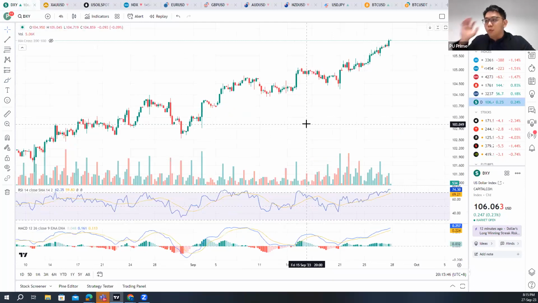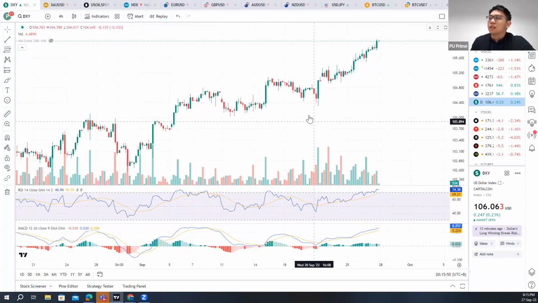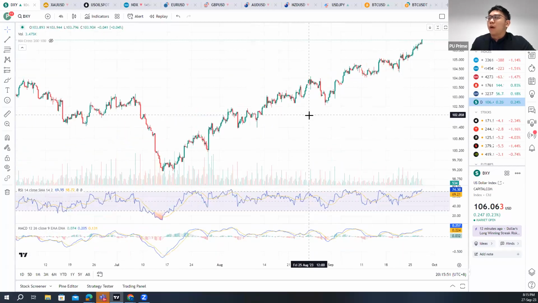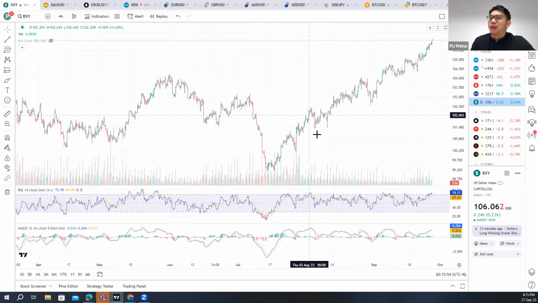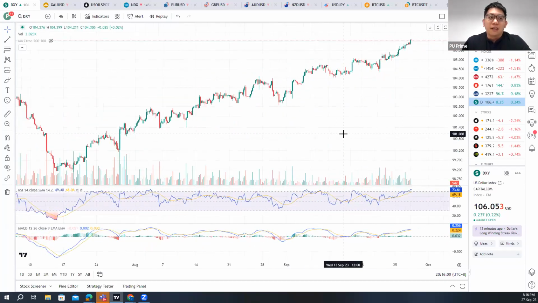Yep, and then moving on to the dollar, at the moment, I would say the sky is the limit. We still don't know where the dollar will stop, because the market has this theme. We all know that the Fed has signaled that they will keep a higher interest rate for a longer period.